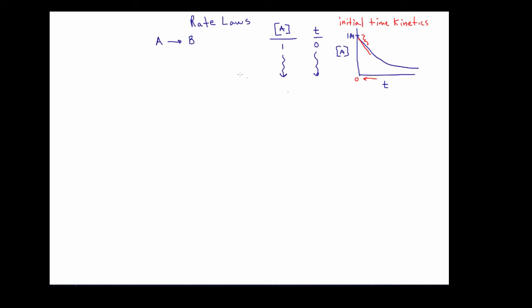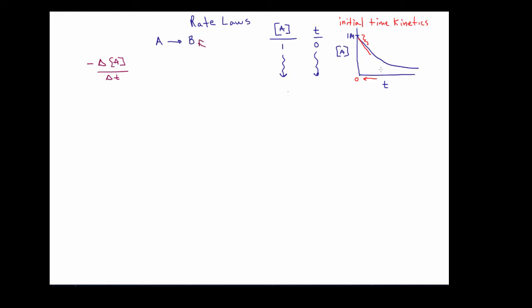So if I'm going to write the rate expression for this reaction, or what we're going to call a rate law, this is what it's going to look like. So we're going to have negative change in concentration of A. Again, the negative sign is just to indicate that the concentration of A is disappearing with time. The concentration of B, on the other hand, is going to be increasing.